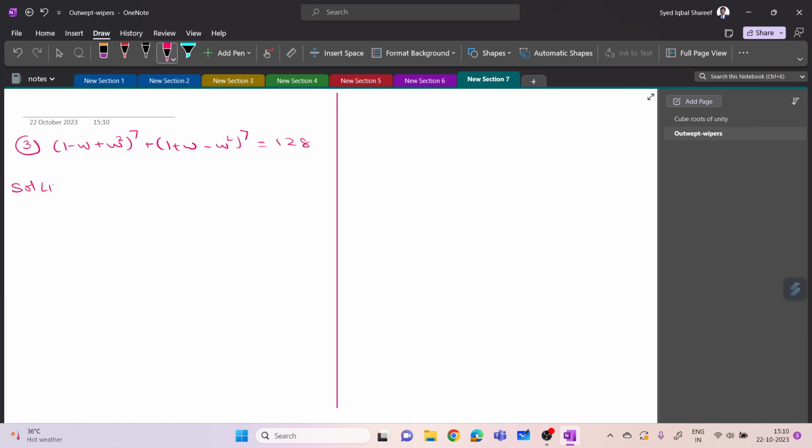So because we have to prove, we take the left hand side: (1 plus omega square minus omega) to the power of 7. I am writing these two first. Second, (1 plus omega minus omega square) to the power of 7. 1 plus omega square is minus omega, already this minus omega is there. 1 plus omega is minus omega square, minus omega to the power of 7.